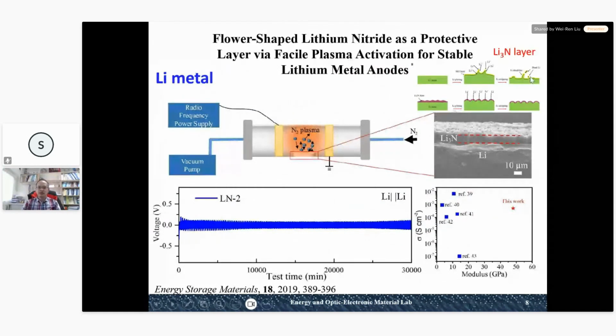So as you can see, by using the nitrogen plasma surface coating, the flower-shaped lithium nitride could be a very beautiful coating on the surface of the lithium. Also, the modulus is as high as 50 gigapascal. For the lithium stripping and plating after the lithium nitride coating, the cycle life could be extended to 30,000 minutes.